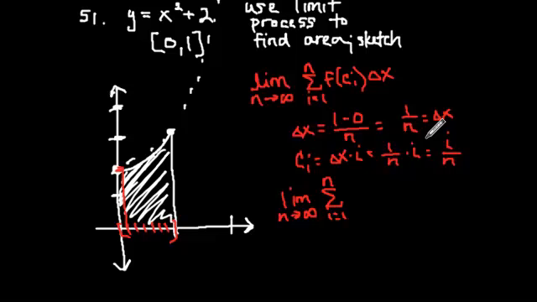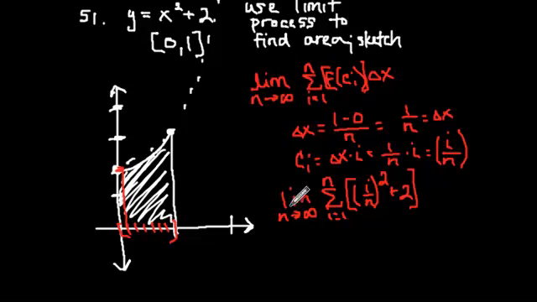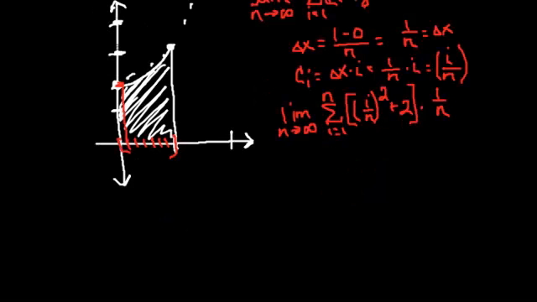And here I'm going to plug in my c sub i that I determined right there into my function. So it's going to be (i over n) squared plus 2. This would be the equation that would get me the height of all my rectangles. And that's just this piece right here. And then I'm going to multiply that by delta x, which we determined was 1 over n.